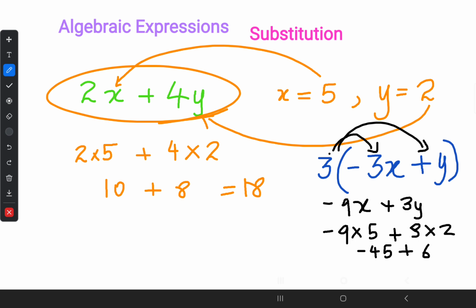Negative 45 plus 6 will give you the final answer as negative 39. It would be the answer for the second question. The expansion first, then substitution, then calculation. Both are holding different directions, so you should subtract and give the highest number's direction to your answer, negative 39.